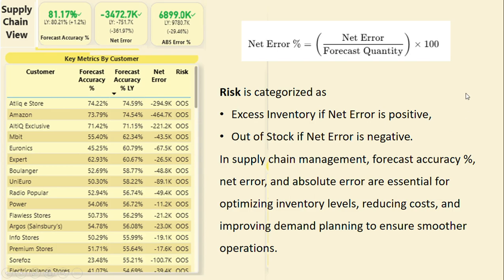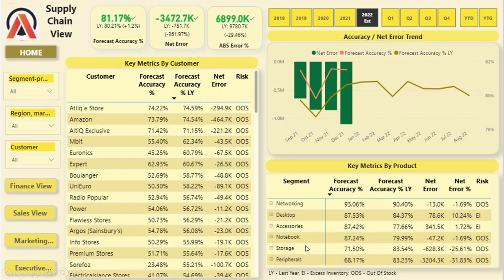Net error I have calculated with respect to forecast quantity, and the risk I categorized as excess inventory if net error is positive, out of stock if net error is negative. In supply chain management, forecast accuracy, net error and absolute error are essential for optimizing inventory levels, reducing costs and improving demand planning.